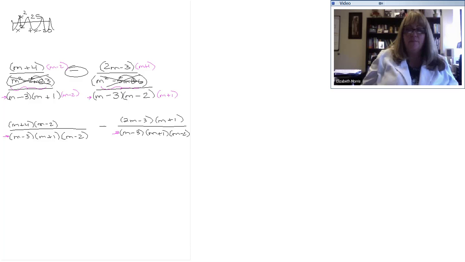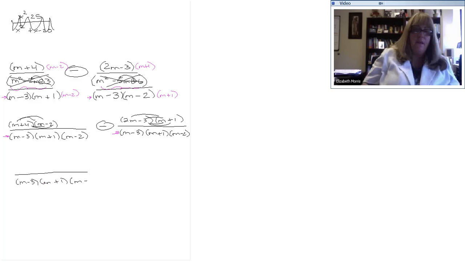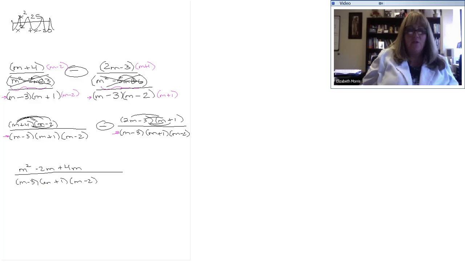All right. Now we are going to need to multiply this out and multiply this out and make sure we consider the negative. Okay? So on the bottom, denominator has to be the same and it stays the same. In the numerator, I have m times m squared, m times negative 2, negative 2m, 4 times m, 4m, 4 times negative 2, negative 8.